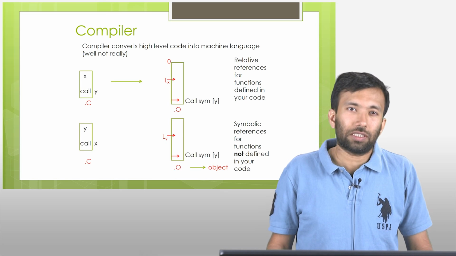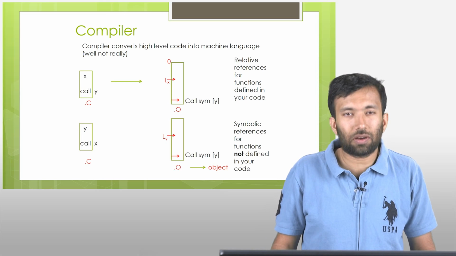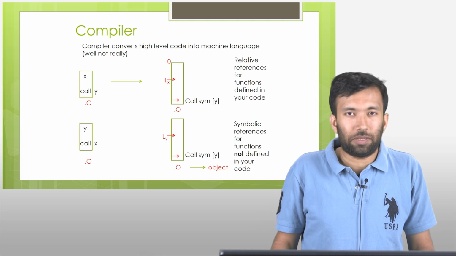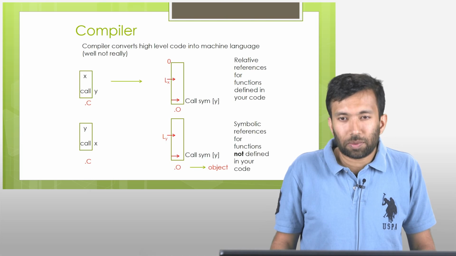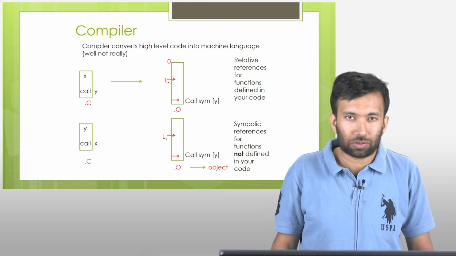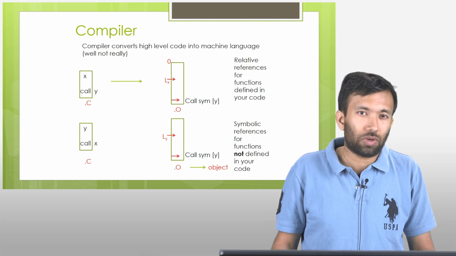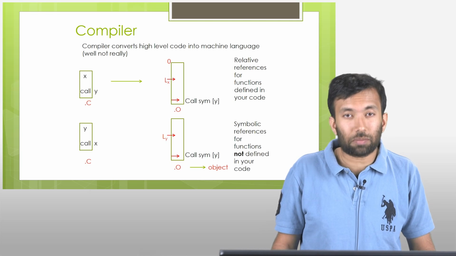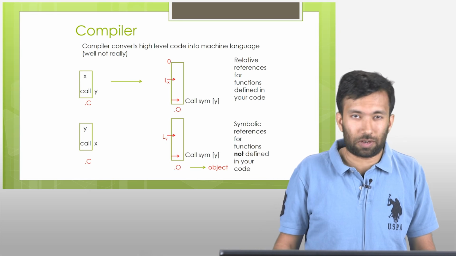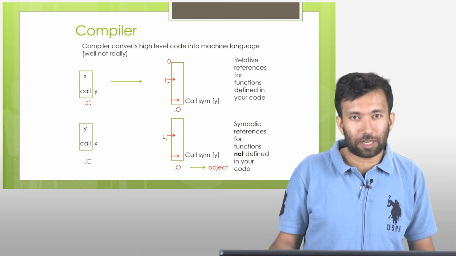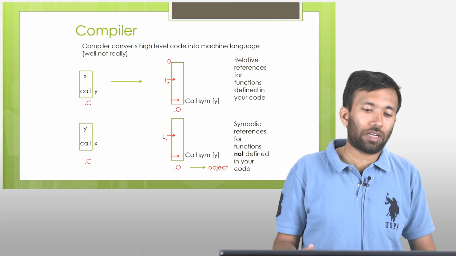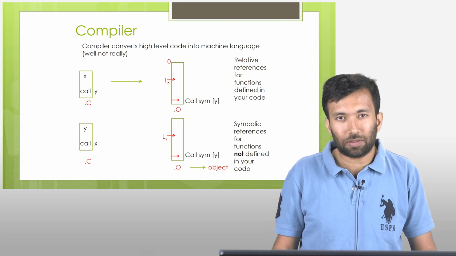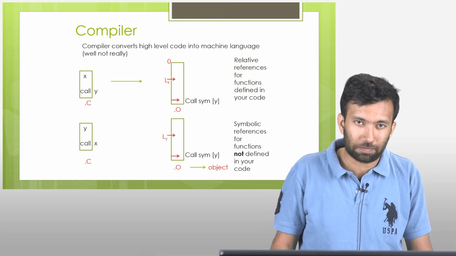Now, compilers cannot really convert function calls into binary. The primary reason is, if we remember the initial videos, maybe the first one, where we said that in order to run a program in our primitive computing system, we need to give memory to that program. We need to have the program in RAM. Now, when the compiler is converting a program written in high level language into assembly level language, that program is not in memory.